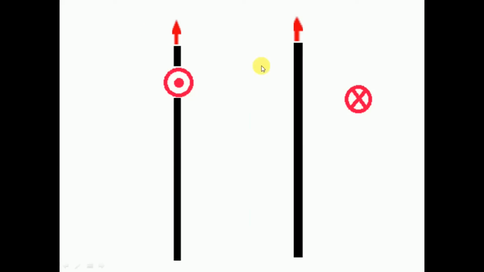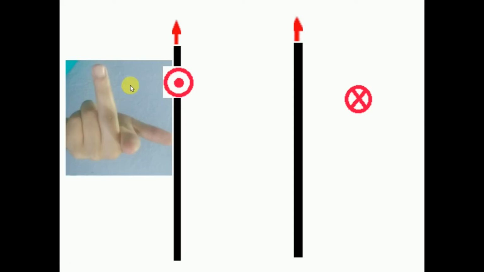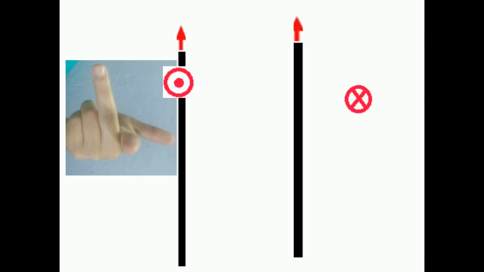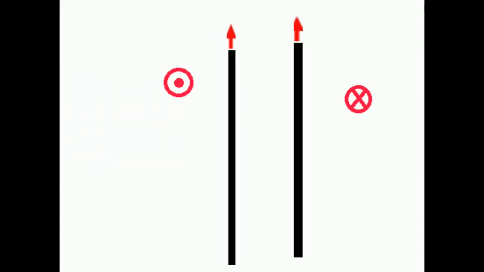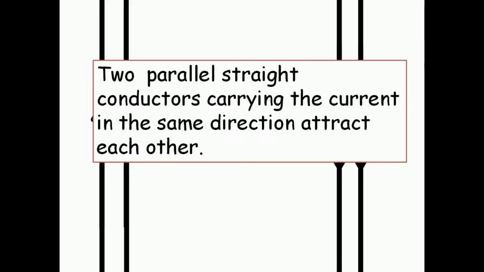And similarly, if you consider the magnetic field of this conductor using the right hand thumb rule, out here the field will be coming out of the screen. For this conductor the current is going upward, the magnetic field is coming out of the screen, so there will be a force towards the right. So two current carrying conductors in which current flows in the same direction attract each other.